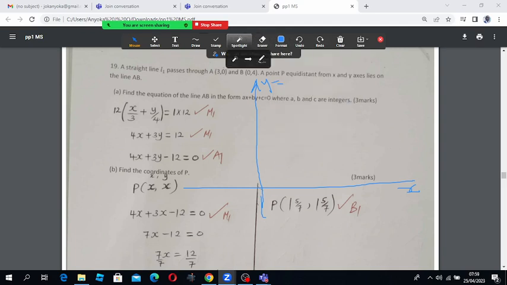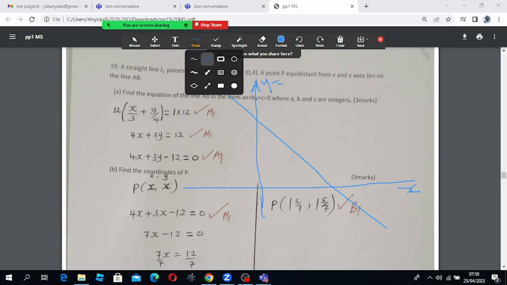Meaning if this is our line AB, the point P will be along the line y equals x, where we have the line AB and this line y equals x.